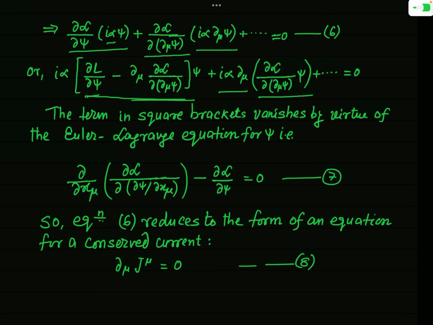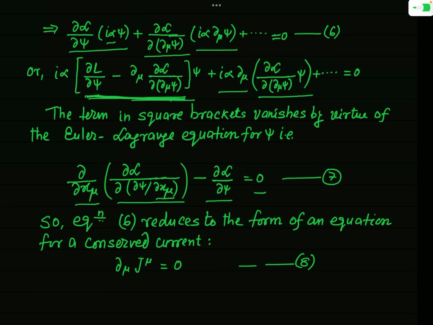So if you write this Euler-Lagrange equation in covariant form, this bracketed term, you can write del x mu of del L by del psi by del x mu minus del L by del psi equal to 0. In fact, this is simply the square bracketed term. Why? Here I have taken del x mu, and here is also del x mu, so this del x mu will cancel out, and your result will be just the same as the term inside the square bracket.